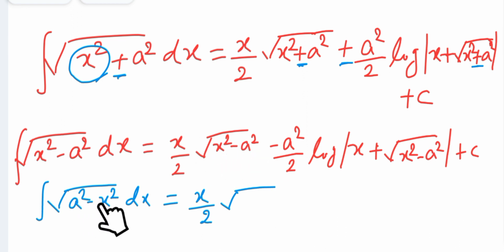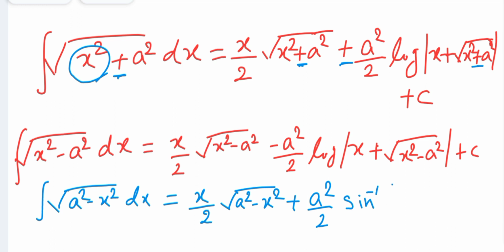If it is a square minus x square, you will write a square minus x square. Okay, and then here it was minus a square, so you have written minus a square upon 2. Here it is a square, means plus a square, so you will write plus a square upon 2. Okay, just here it will change, there it is log, so here for a square minus x square, it will come sine inverse x upon a.